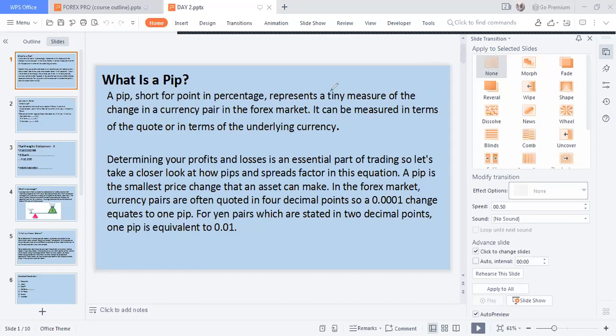Now, what is a pip, class? What is a pip? A pip is when you say 1 over 100 times 1 over 100.